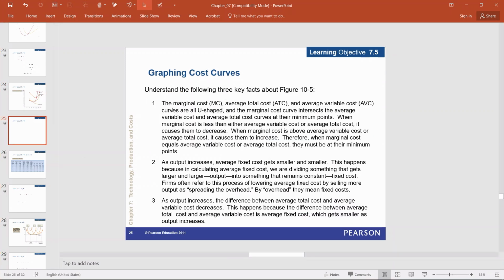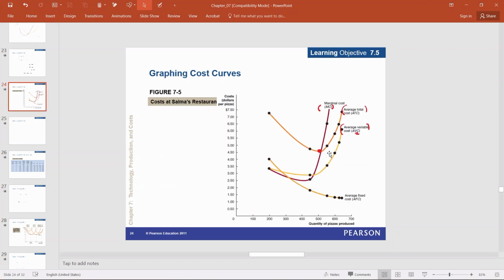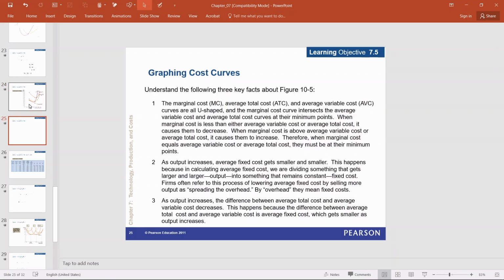So if we read, the marginal cost, average total cost, and average variable cost curves are all U-shaped. This is what we see here. All of them are U-shaped except average fixed cost. And when marginal cost is less than either average variable costs or average total costs, it causes them to decrease.